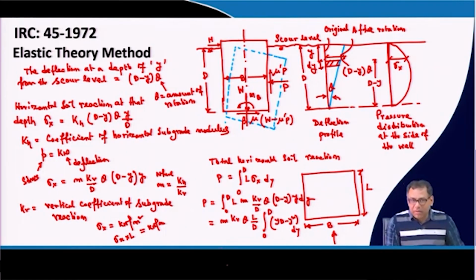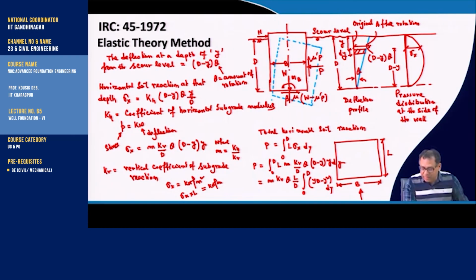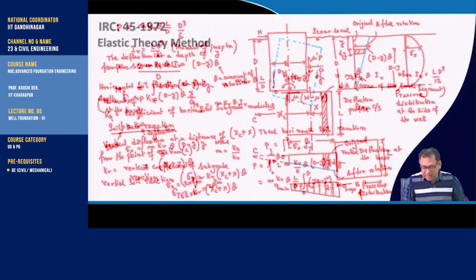Now, only 3 moments that we have to consider: the moment due to P, the moment due to mu dash P, and the moment due to this MB that we have already considered. The MB is due to the soil reaction at the base, P is the soil reaction at the side, and mu dash P is the friction resistance between the side and the soil.